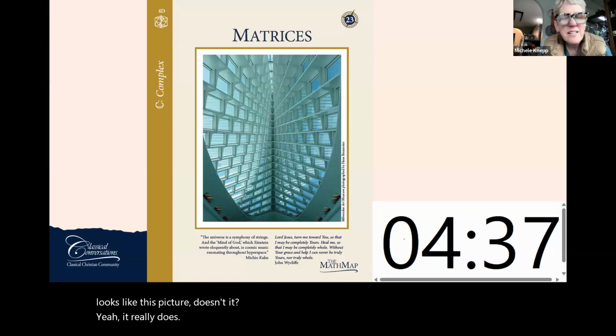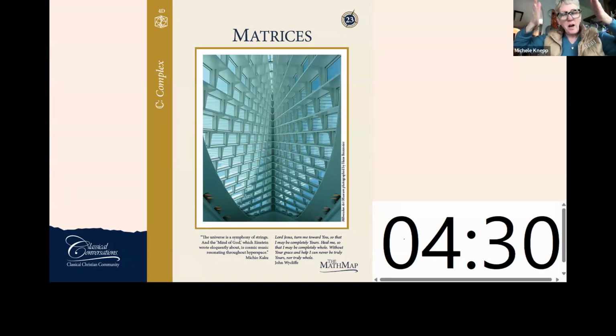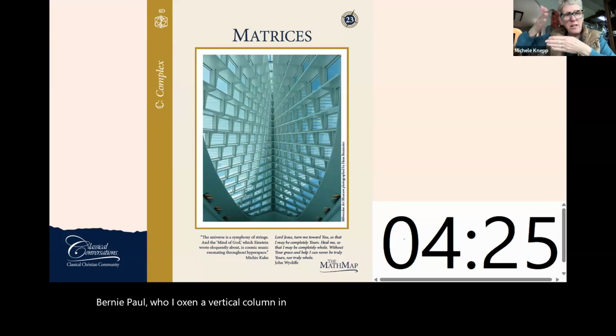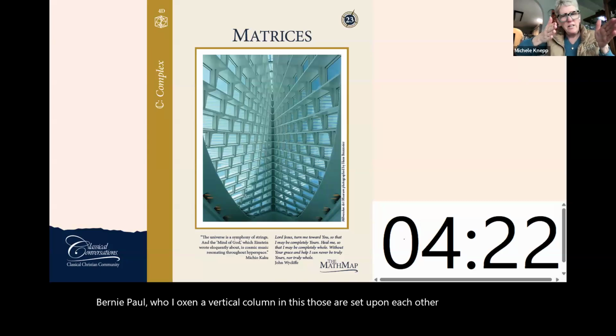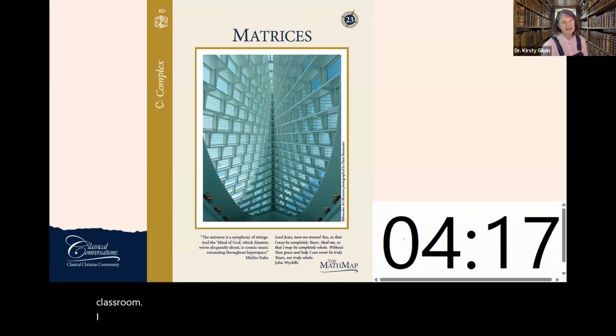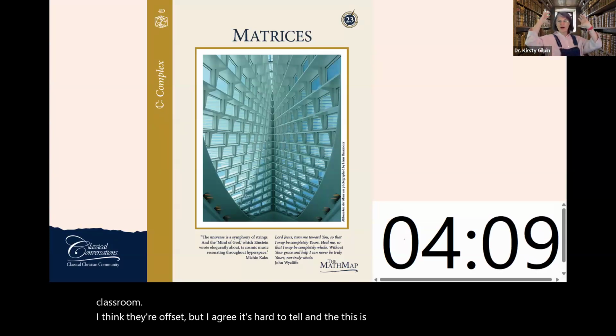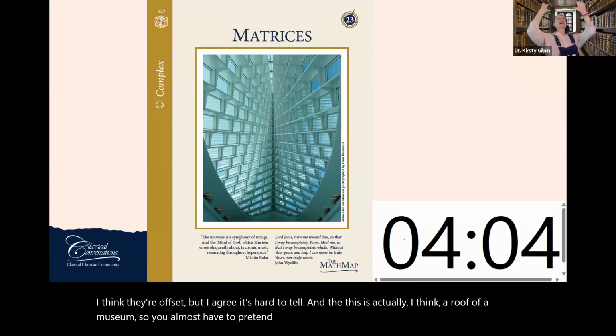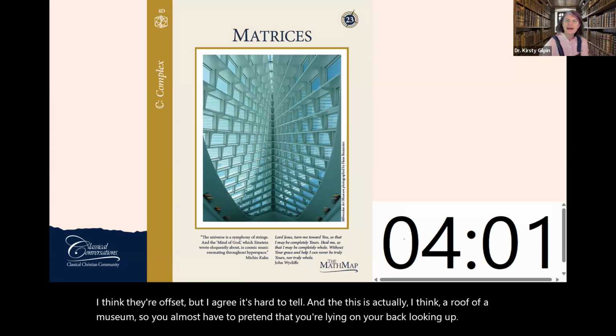I can't tell from the perspective if the vertical columns are set upon each other or if they are offset. I think they're offset, but I agree it's hard to tell. And this is actually, I think, a roof of a museum, so you almost have to pretend that you're lying on your back looking up at this.